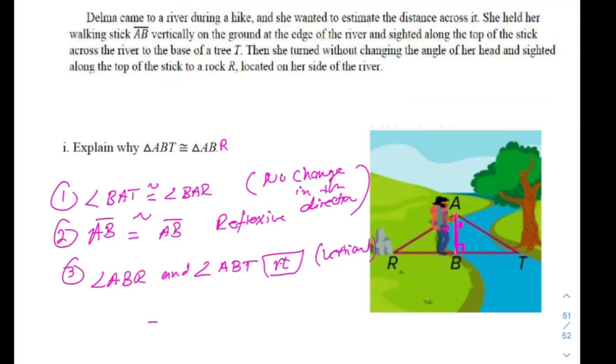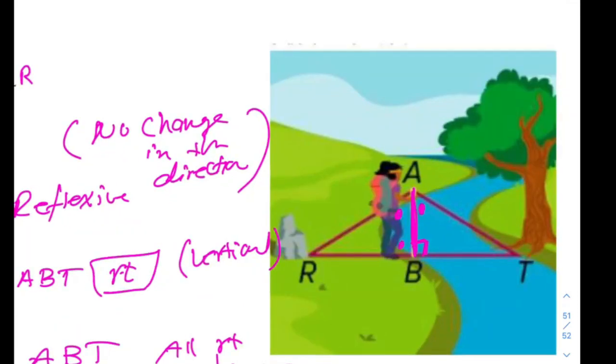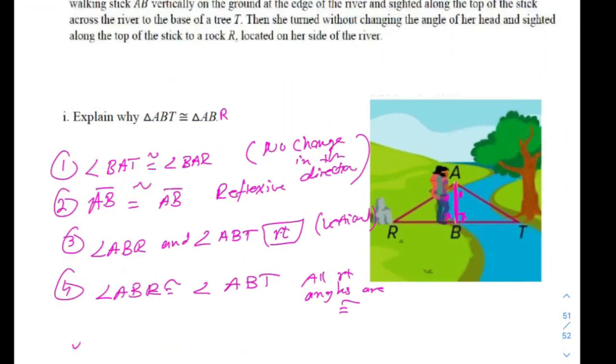So that means angle ABR is congruent to angle ABT because all right angles are congruent. What happened now? We have angle, and side between them. So the triangle ABT is congruent to triangle ABR by angle, side, angle.